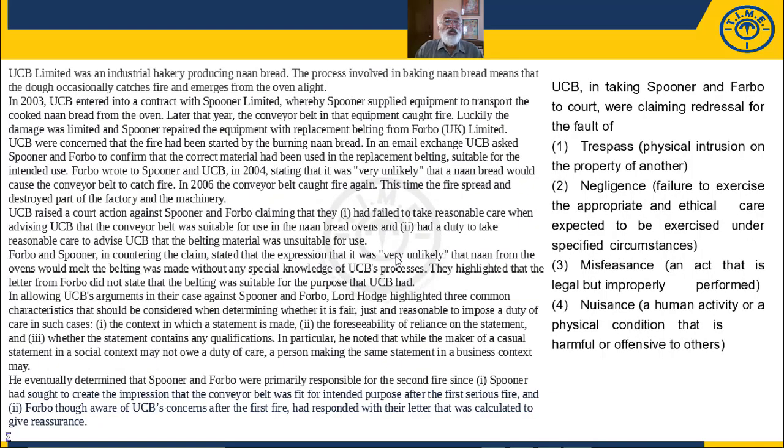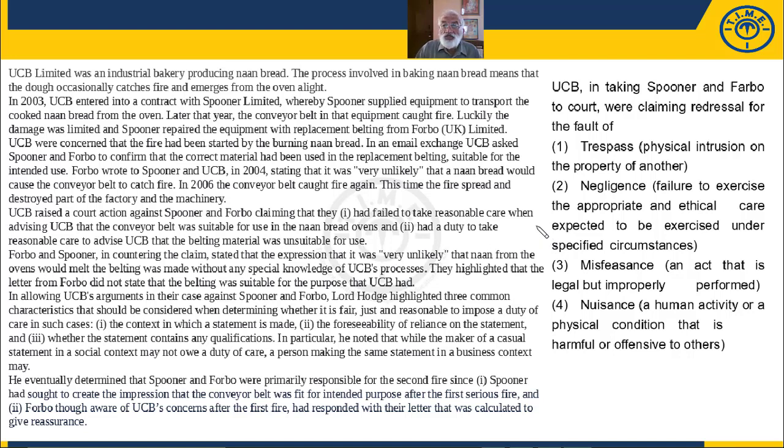Now the next one says, UCB in taking Spooner and Forbo to court were claiming redressal for what? They were saying that you had failed to take reasonable care in advising us that the conveyor belt was suitable when you wrote your letter saying it was very unlikely. And they're also saying if you had known it was not suitable, then you needed to have taken care to advise us that it was not suitable. So that means they're saying you did not take reasonable care in doing what you did.